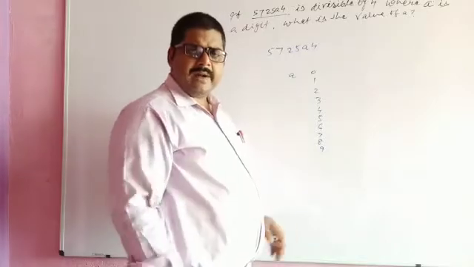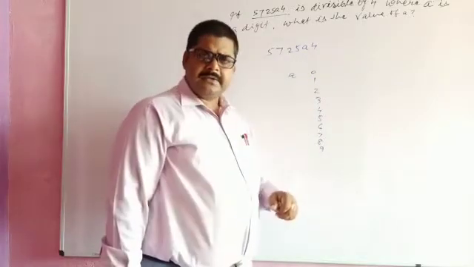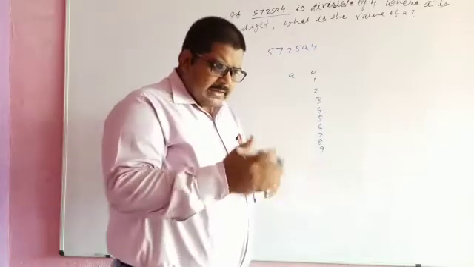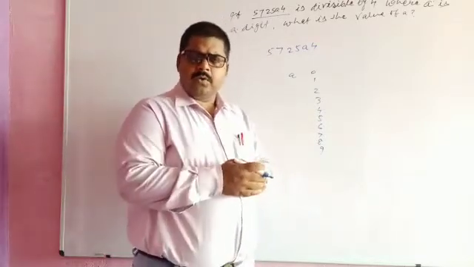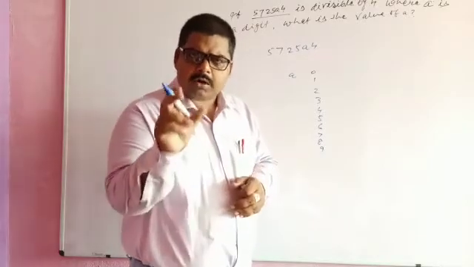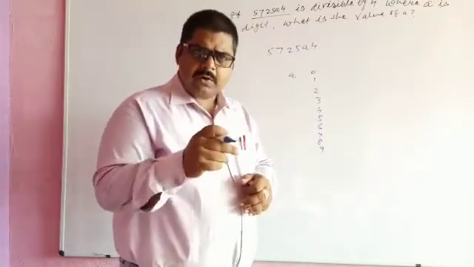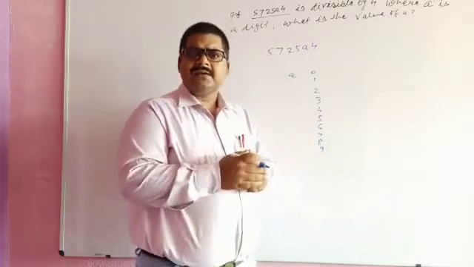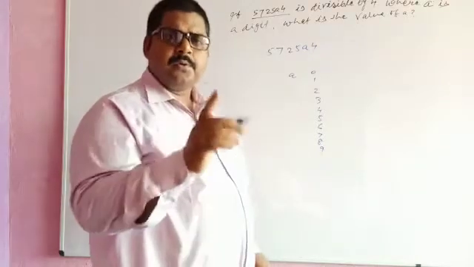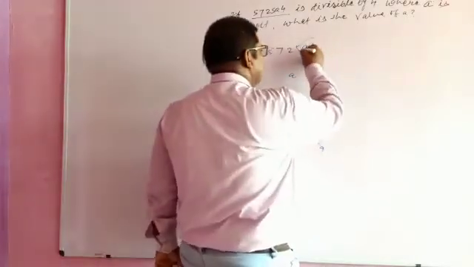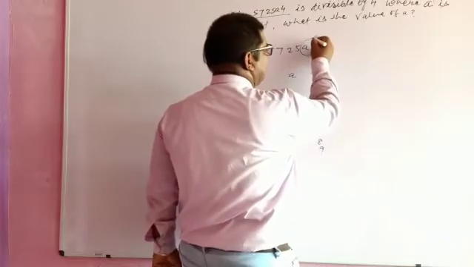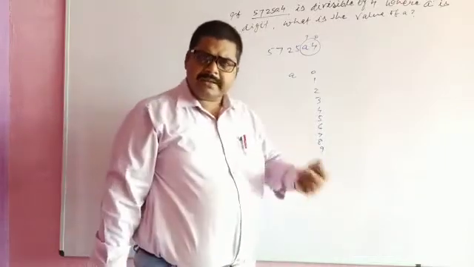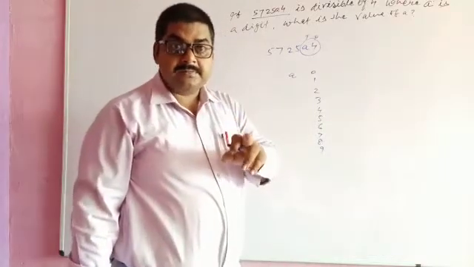And you know that by the test of divisibility, what this law says: any number which is divisible by 4, the number formed by the combination of the digits placed at the unit and tens place must be divisible by 4. It means A4, because 4 is at ones place and A is at tens place. By their combination, the number formed must be divisible by 4.